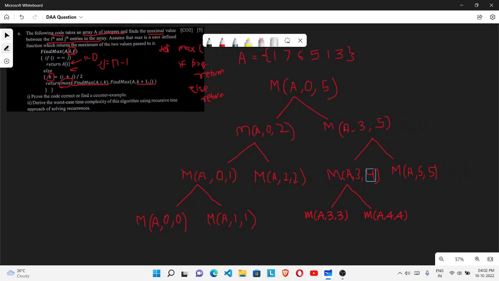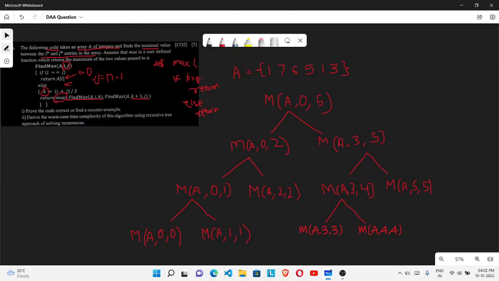And here also, (3 plus 4) by 2 becomes 7 by 2, which is 3.5. In integer it becomes 3. So we have 3 comma 3, since i is 3, and k also becomes 3, and k plus 1 is 4, and j is 4. So that's how these two are formed.